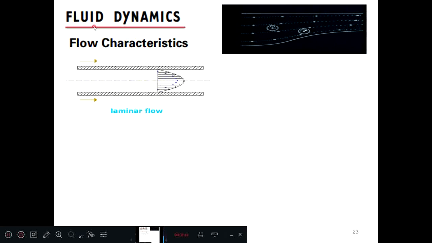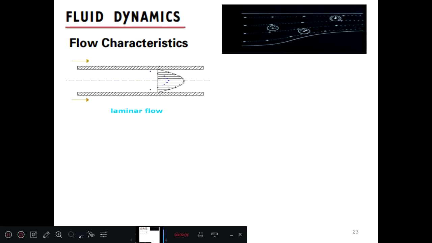Since we are studying fluid dynamics, we need to understand the flow characteristics of the fluid. Whenever a fluid is in motion, its flow can be characterized as one of two types.